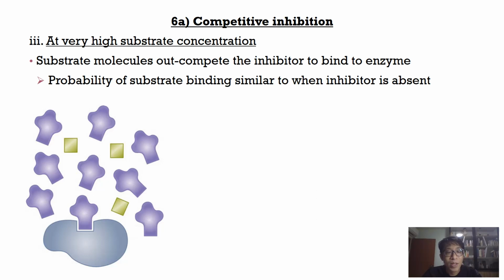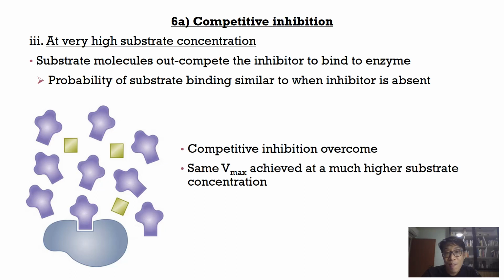The probability of binding of the substrate is almost the same as when there is no competitive inhibitor. In this case, we would say that the competitive inhibition is overcome by the high substrate concentration. The substrate has outcompeted the competitive inhibitor to bind to the enzyme.